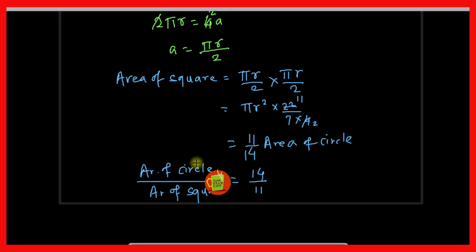Since this ratio of area of circle to area of square is 14:11, the area of the circle is greater than the area of the square. That is the relationship between these two areas.